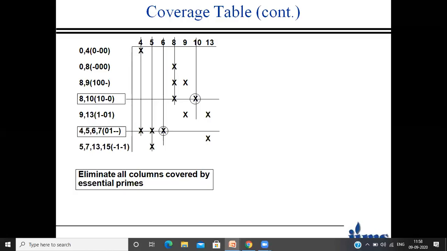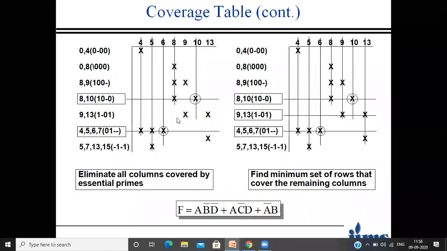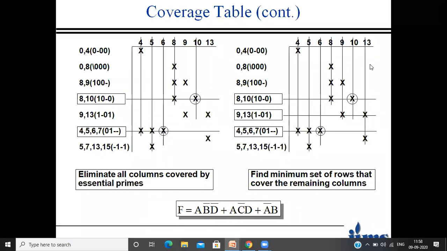So we look for any term which has both minterms in common. 9 and 13 are the 2 missing minterms. If we include 9 and 13 in our final answer, then it will be easy to cover all the minterms. So we choose 9 and 13. 9 is covered, 13 is covered. So this is your final answer.